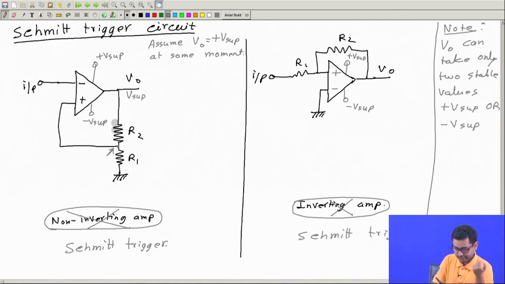Let us apply the potential divider rule here, because no current goes in this branch, this current is 0. So, this is 0 volt, this is V supply. So, this will be V supply divided by R1 plus R2, multiplied by R1. This is the voltage at this point. Now, I give some input here which I can change. Say the input is changing.